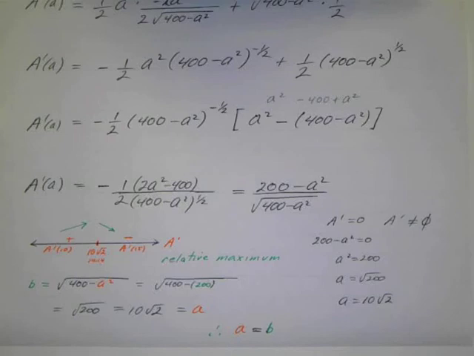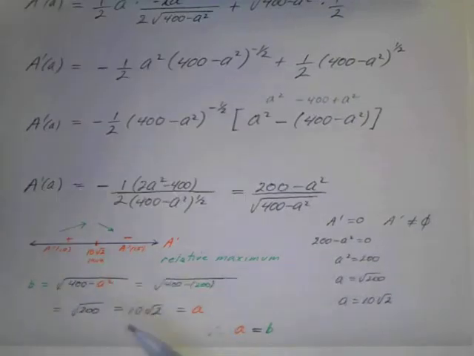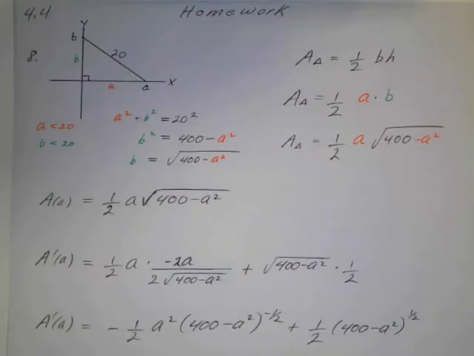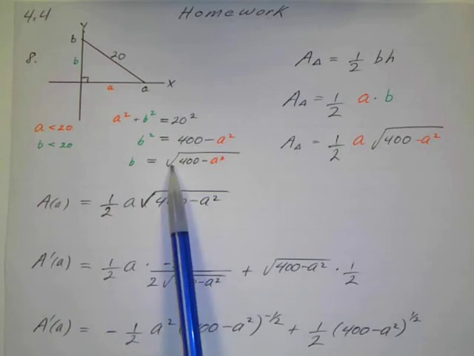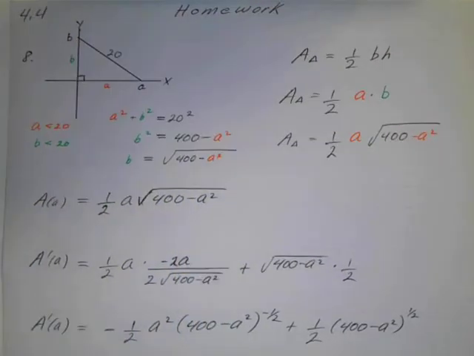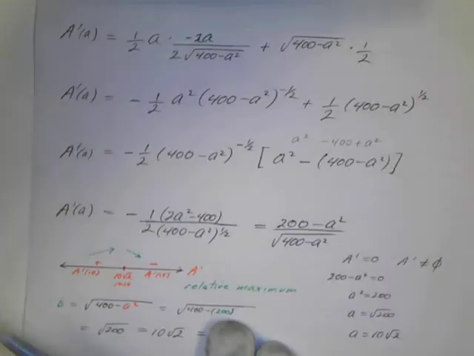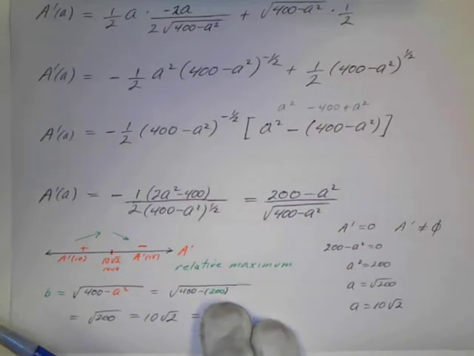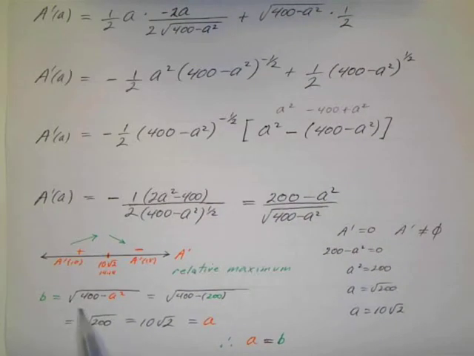And I'm not too worried about what that is, I just want to show that that's going to happen when A equals B. So this is A. What is B? Well, if I go all the way back up here, B was equal to the square root of 400 minus a squared. So I'll put that a squared in there and find out what B is. So B equals the square root of 400 minus a squared, but remember over here, I had this written down, so it's nice to look at what you're writing down.